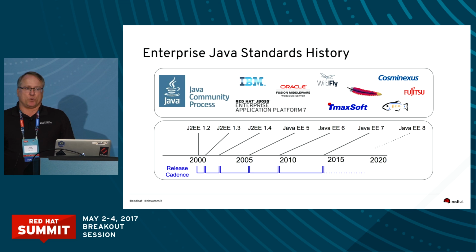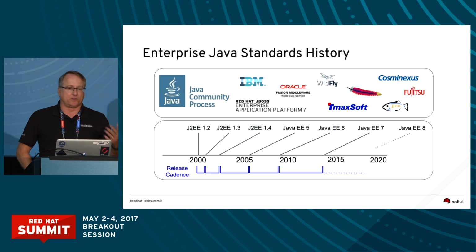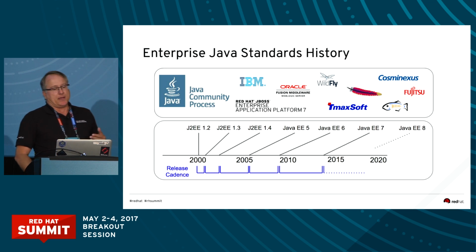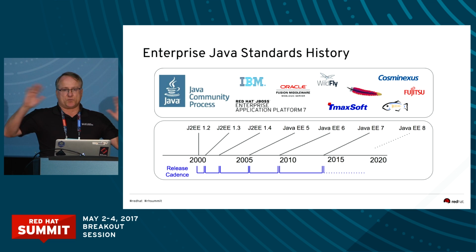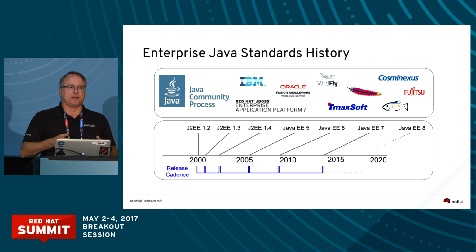But as that happened, of course, we also have an acceleration of microservices, right? And the idea of containerization and clouds and mobile and taking these large monolithic applications and breaking them down into more agile microservices.